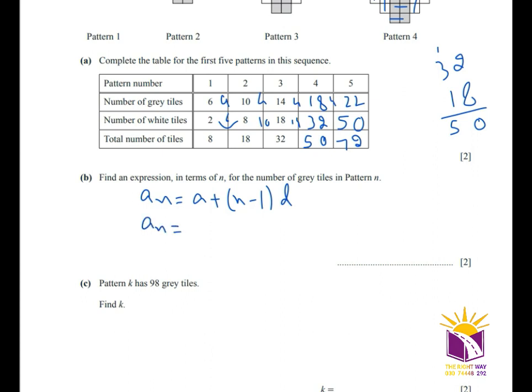Our a will be the first one, which is 6, n as it is because we are finding the nth pattern, and d will be equal to 4, which is the common difference. So it will be equal to 6 plus 4n minus 4, and it will be 4n plus 2. 6 minus 4 is equal to plus 2. So our nth term, or the nth pattern, will be 4n plus 2.